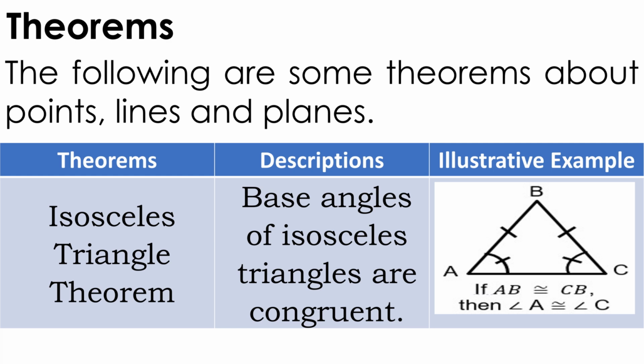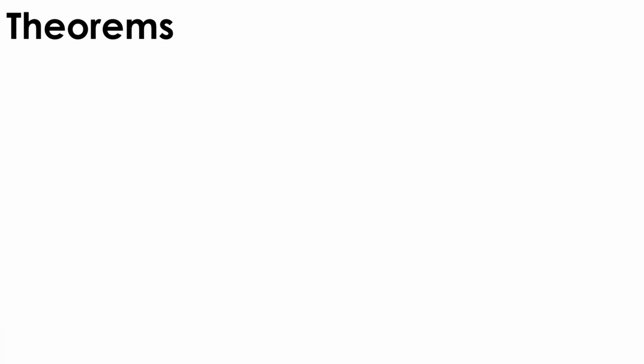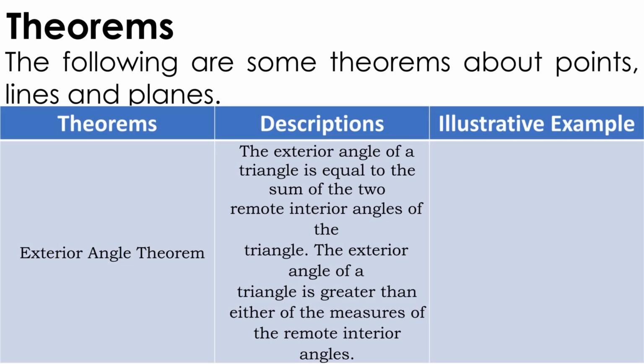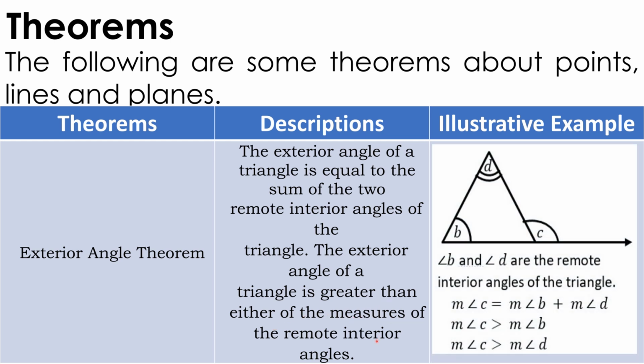Now let's proceed to the exterior angle theorem. The exterior angle of a triangle is equal to the sum of the two remote interior angles of the triangle. The exterior angle of a triangle is greater than either of the measures of the remote interior angles. So we have here the illustrative example.